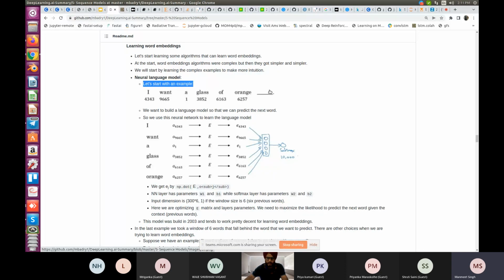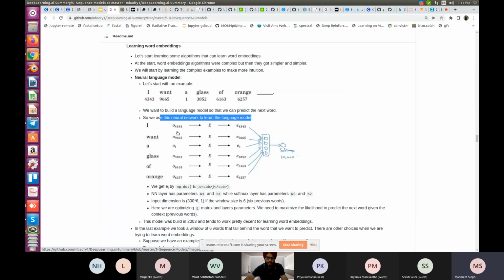Your task here is to predict the last word. Now you want to build a language model so that we can predict the next word, and we will use a very simple neural network wherein we feed these words as input.